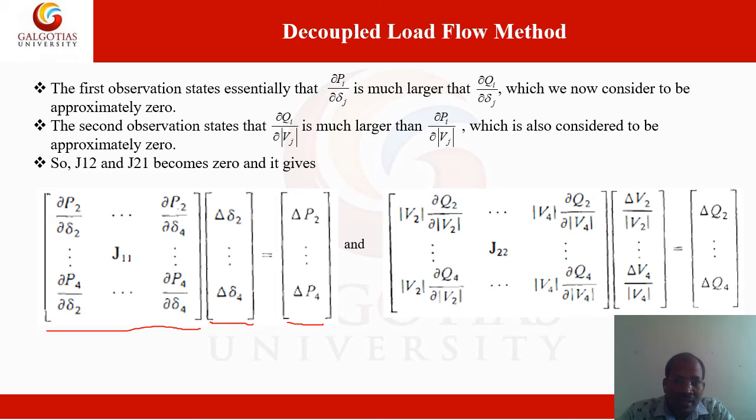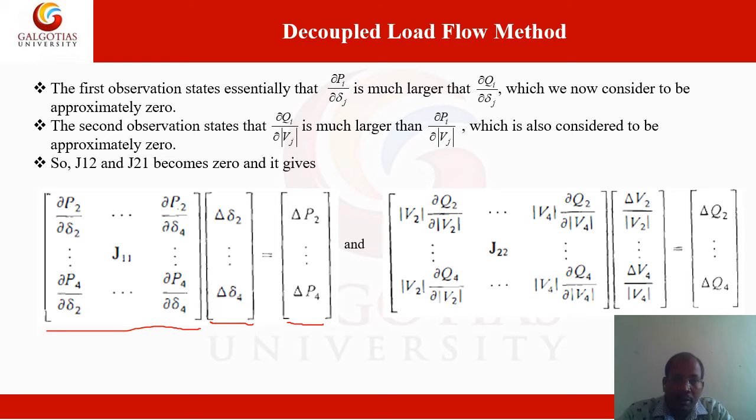So here you can see these two equations, the correction factor in del and the correction factor in magnitude voltage, both are independent during the calculations. They are decoupled. So that's why it is called decoupled.